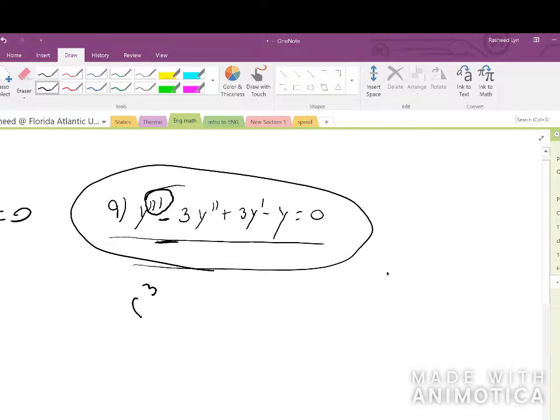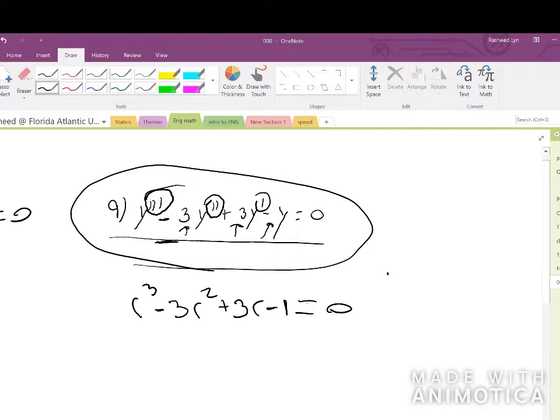You want to make a similar equation, so it will be r cubed, and this will be negative 3r squared because of this. Then you have plus 3r because it's just one prime, and this doesn't have a prime at all, so you'll just have minus 1. You're using the coefficients, and set it equal to 0.